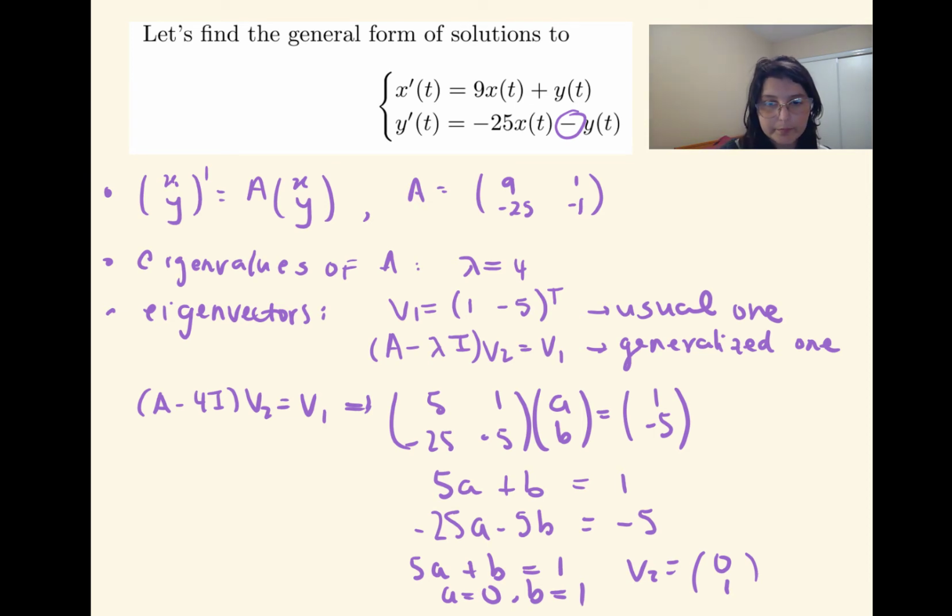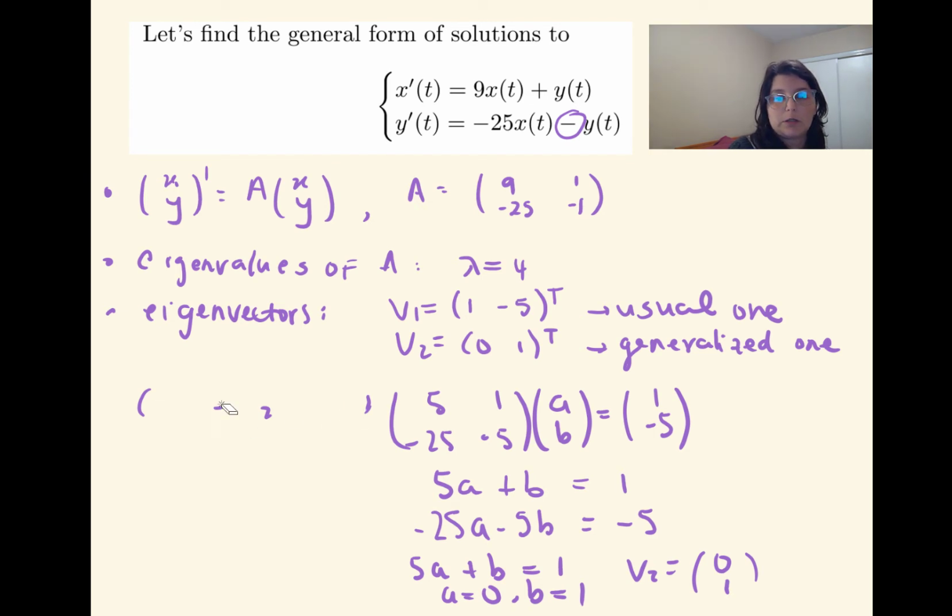So we say that v2 is a generalized eigenvector, and it comes from solving (A minus lambda I) times v2 equals v1, where v1 was a usual eigenvector.